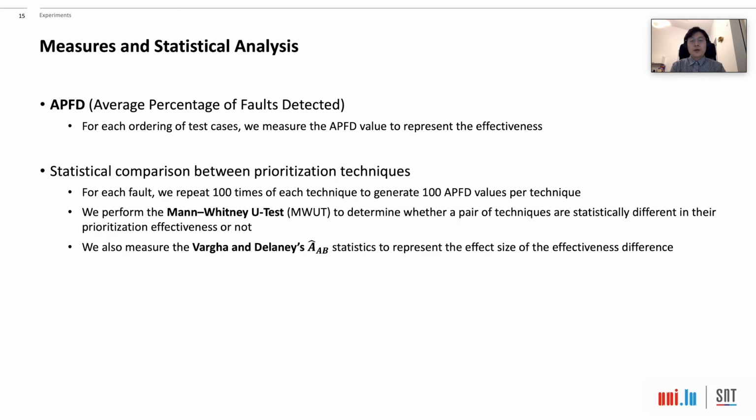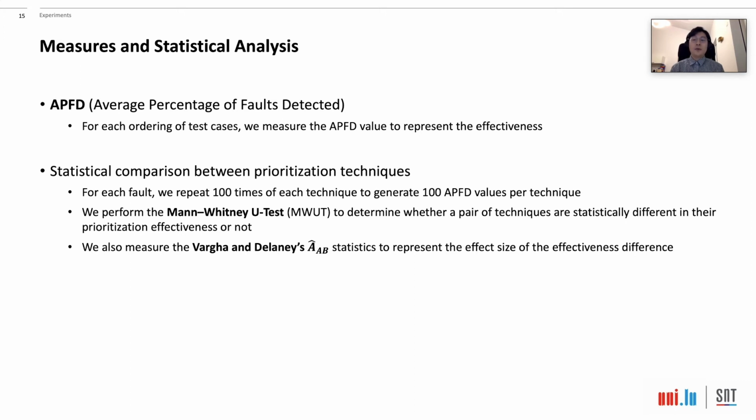To measure the prioritization effectiveness, we used APFD, average percentage of faults detected, which is the most widely used metric to measure the effectiveness of prioritization. We also performed statistical analysis, and to do this, for each fault we repeated each technique 100 times to generate 100 APFD values per technique.